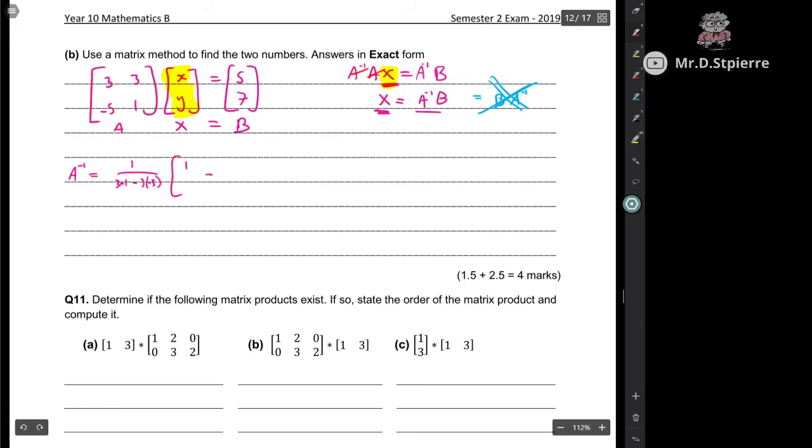I get 1, 3, negative 3, positive 5 by switching the sign. So we get 1 on 3 times 1 is 3, take away, that's going to be a plus, 3 times 5 is 15. So that gives us 1 on 18, bracket 1, negative 3, 5, 3.